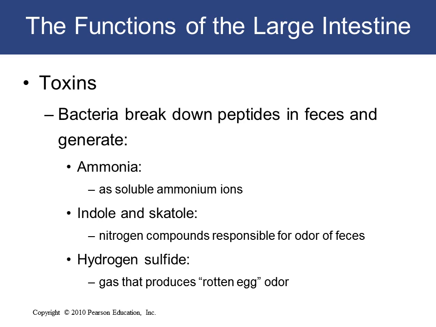The role of the large intestine in toxins. Bacteria found in the large intestine break down peptides in feces and they generate the following compounds. We have ammonia as soluble ammonium ions, indole and skatole, which are nitrogenous compounds responsible for the odor of feces, and also hydrogen sulfide, a gas that produces a rotten egg odor.